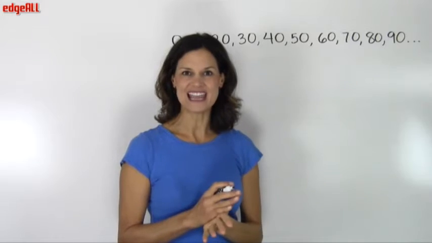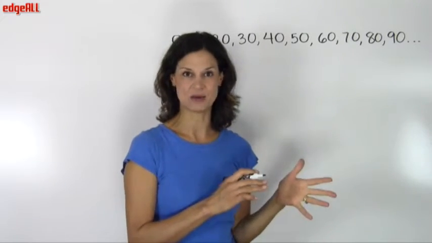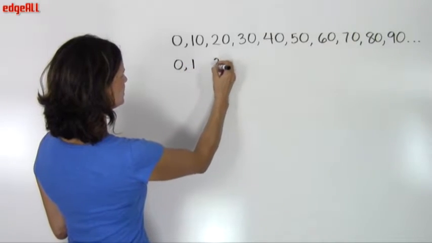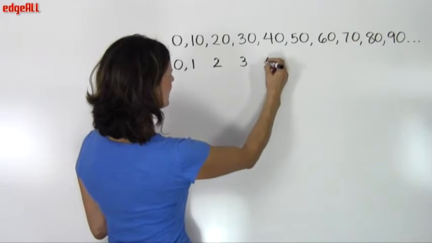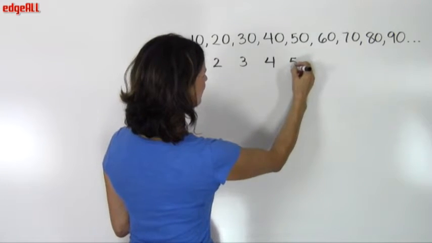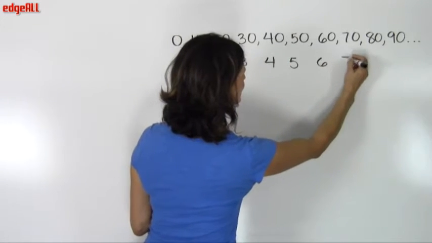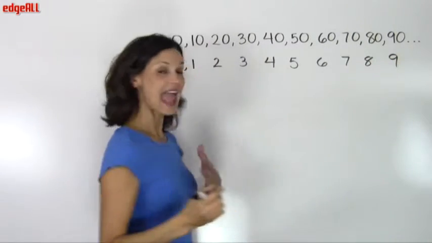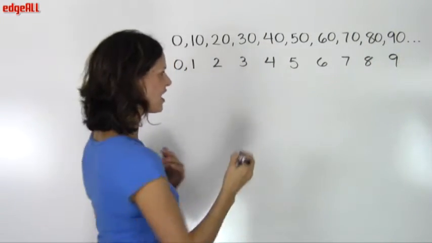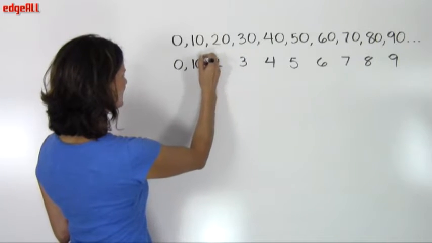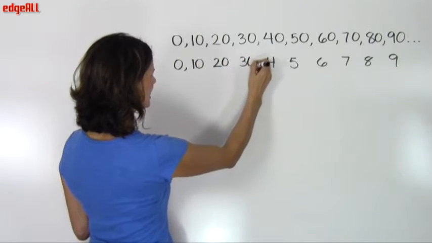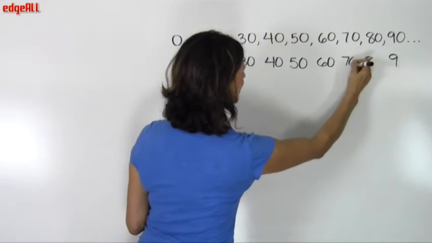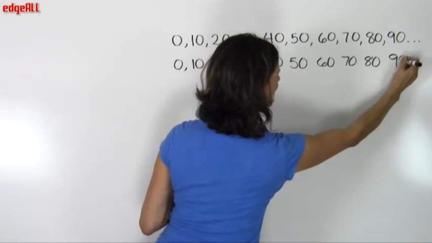So if we write our single digit numbers like 0, 1, 2, 3, 4, 5, 6, 7, 8, and 9, and then we attach a 0 to the end of the number, after our single digit numbers, we simply attach a 0 right after them.